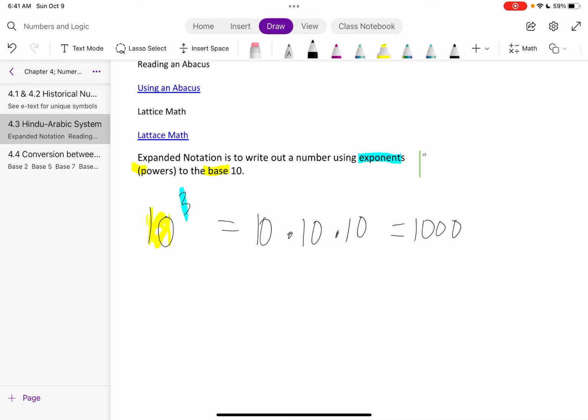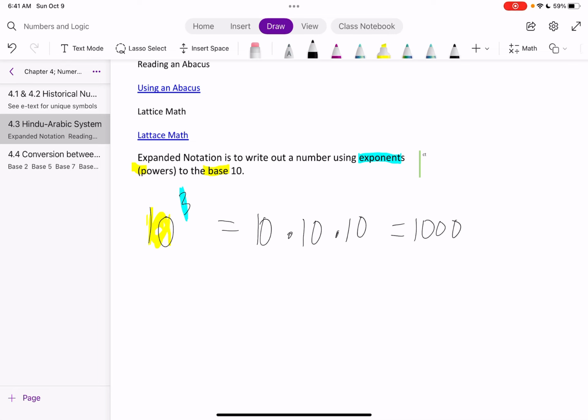And then if I want to go to the power of base 10, I would do 3 times 10 squared plus 7 times 10 plus 2 times 10 to the 0 power, which is 1. If you notice when you're doing these, the exponents keep going down by 1.